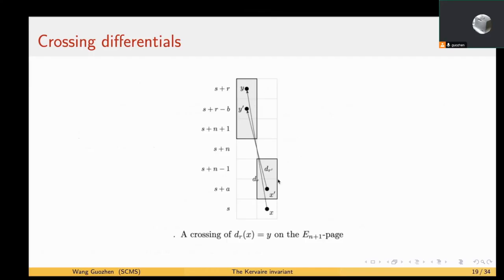Then we say it has a crossing on the E_{n+1} page if there is some x prime supporting a differential to y prime, such that the shorter differential crosses this long differential, and moreover, that x prime lies in this gray box, and the y prime lies in this gray box. So this is the definition of crossing differential translated from a crossing in the delta n extension spectral sequence.